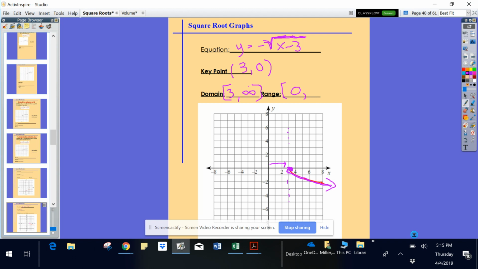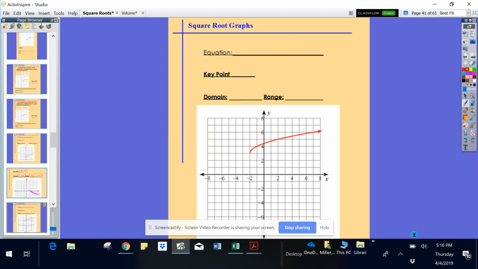So what kind of numbers are down here? Negative infinity. All right, so remember, a downward graph is going to have 2 things important. It's going to have a negative sign in front of it, and it's going to have a negative infinity for my range. All righty?